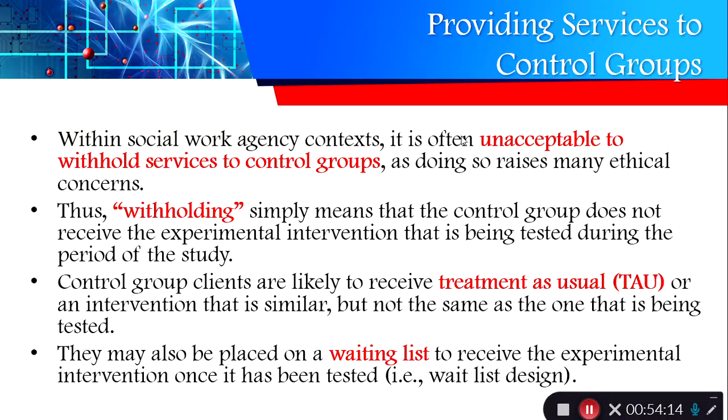We call this a waitlist design, where individuals are placed on a wait list, and once the intervention has undergone its complete trial of testing, then whomever is on the wait list will be offered an opportunity to take part in the intervention.